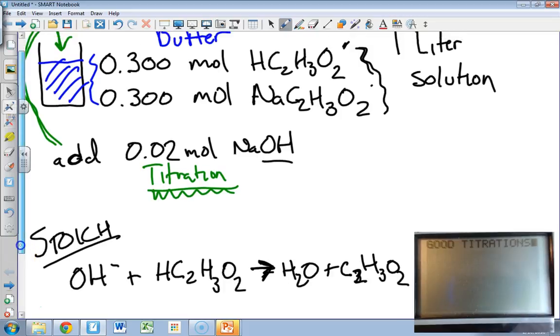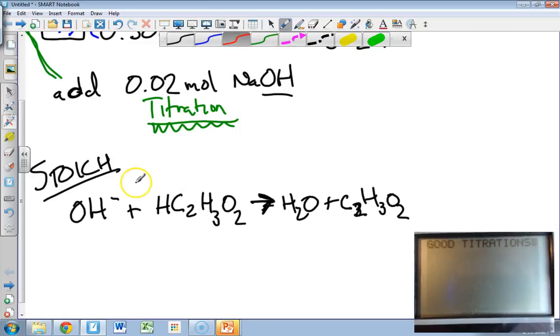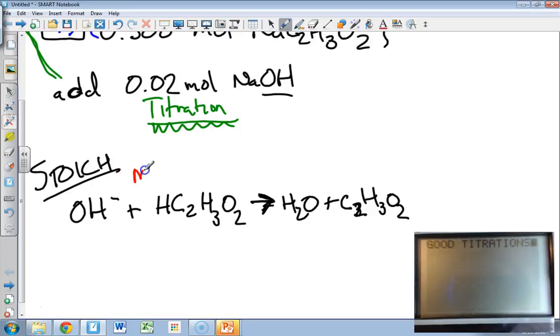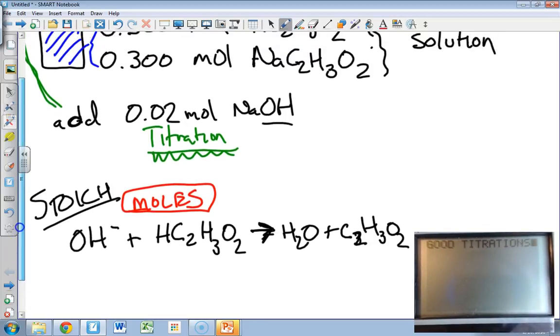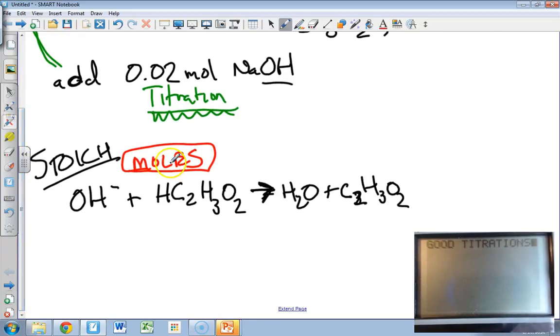C2H3O2. Okay, so now when we do the stoichiometry part of this, because we've added something, we do it in units of moles. It makes it way easier to calculate it in units of moles. In this case, the problem that we were given, we have moles for every 1 liter, so it's a little easier, but make sure you do the stoichiometry step in moles.